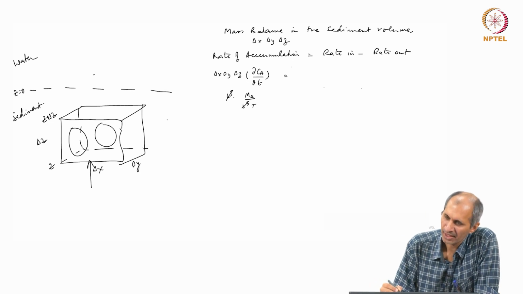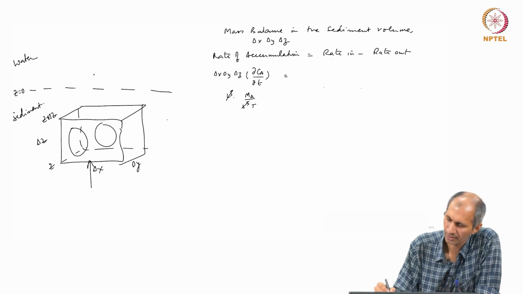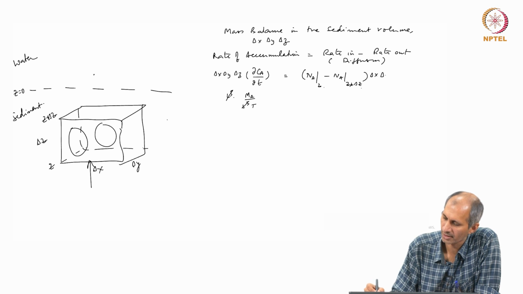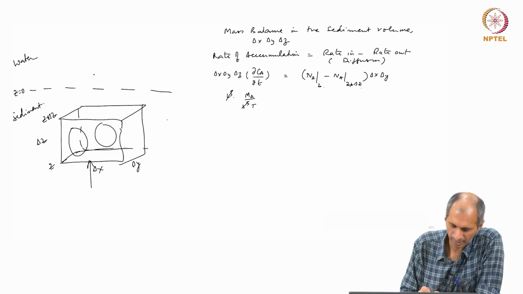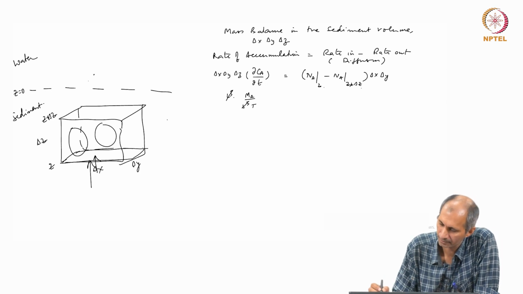What will you write in the rate in and rate out? Rate in and rate out is only by diffusion. So it is Na at z minus Na at z plus delta z, multiplied by the area, which in this case is x y, delta x delta y. This is the diffusion area going into the system.